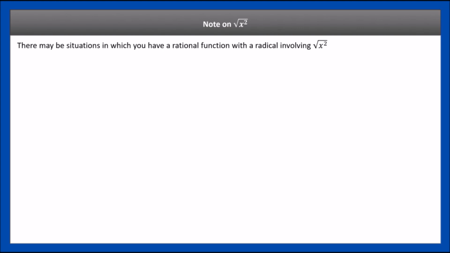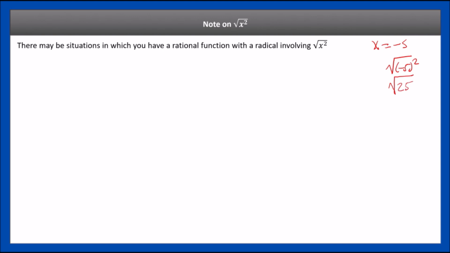So for example, if x is equal to negative 5 and we take the square root of negative 5 squared, well, if we square negative 5, that gives us a positive number, so we get the square root of positive 25.